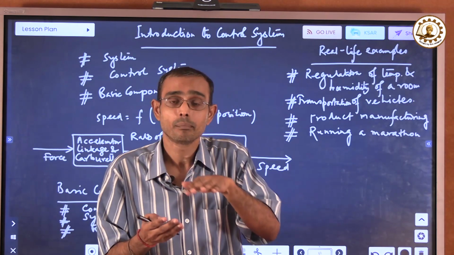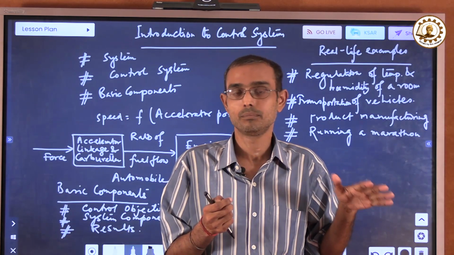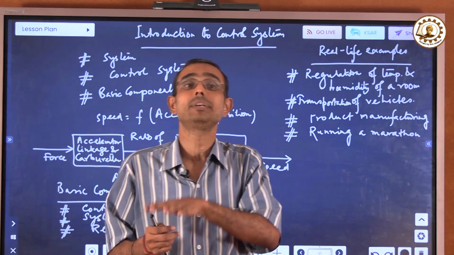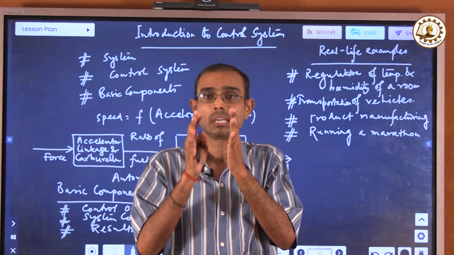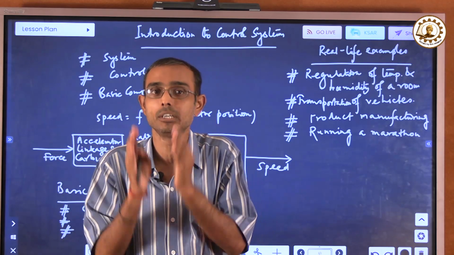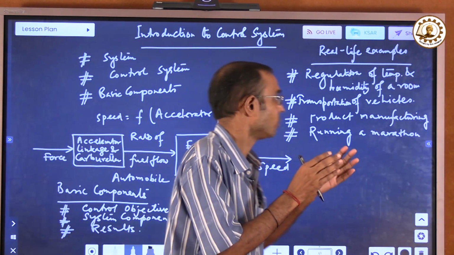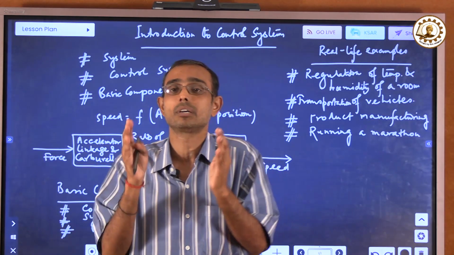Now, if by extraneous factors or some other things that value changes, that is, if it alters, then the work of the control system comes in. Maintenance of temperature and humidity of a room is our control objective.